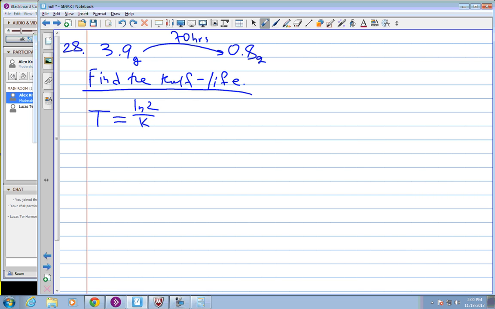This is the decay model: the amount equals the initial amount times e to the negative kt. So I know in 70 hours, 3.9 grams will become 0.8 grams. This is the initial amount, 3.9 grams, that's the future amount, and it took 70 hours to get there. So solve for k.